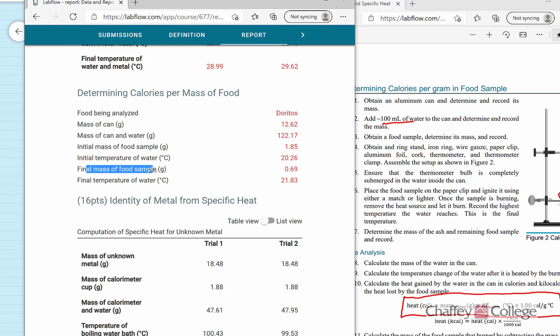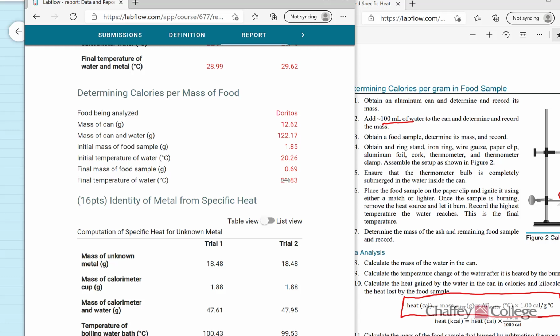The final mass of food sample is the leftover ashes, because after you burn the food sample, some ashes or material will be left over. That leftover mass is 0.69. The final temperature of water is the temperature after it absorbed all the heat from the food sample.